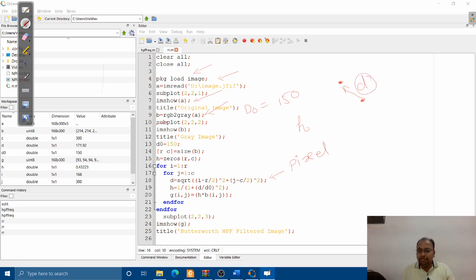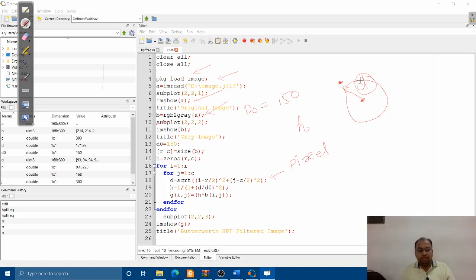If that D lies within the radius of that particular circle, meaning the pixel lies inside that circle, then only it will be considered for that particular filtering.